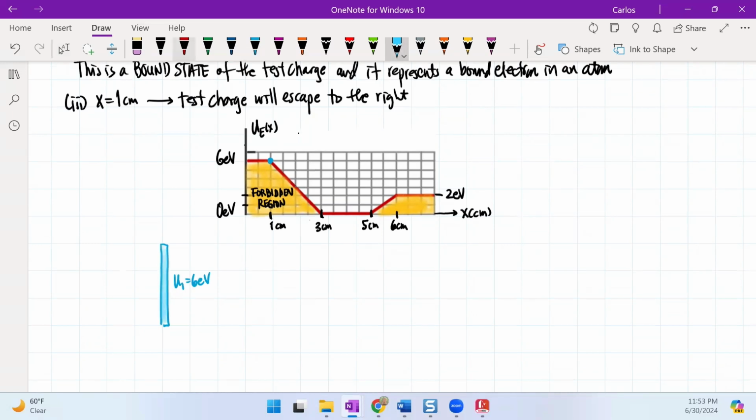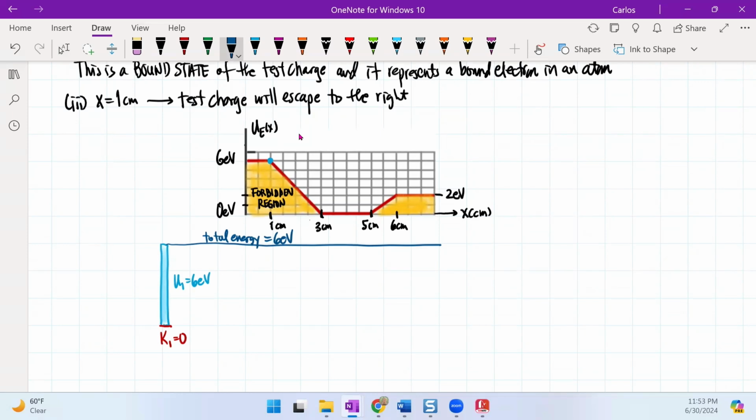And in this situation, we're going to assume that we put this at rest, so then it's a turning point, so it does that. So once again, this is my potential. That means that the total energy is equal to 6 electron volts.